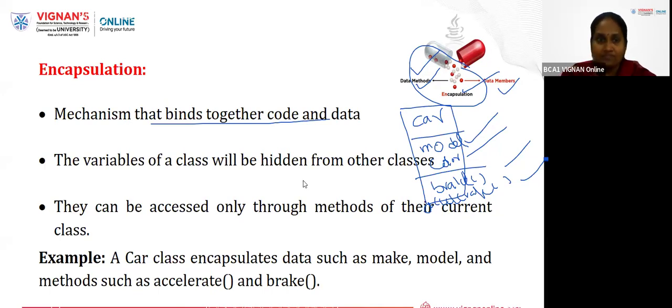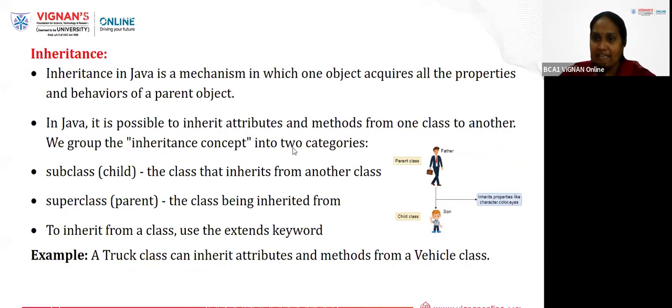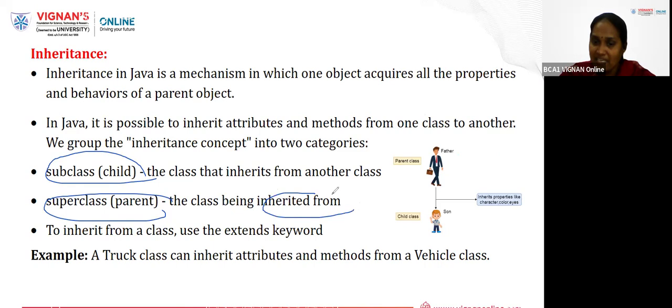Now, next one, inheritance. Inheritance means obtaining the properties from the parent class. One class acquires the properties from a parent class. That is to be called as inheritance. So the class being inherited from is to be called the superclass, and the class which inherits the properties is to be called a subclass.